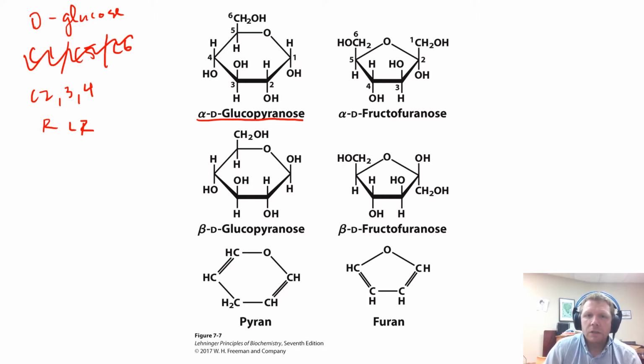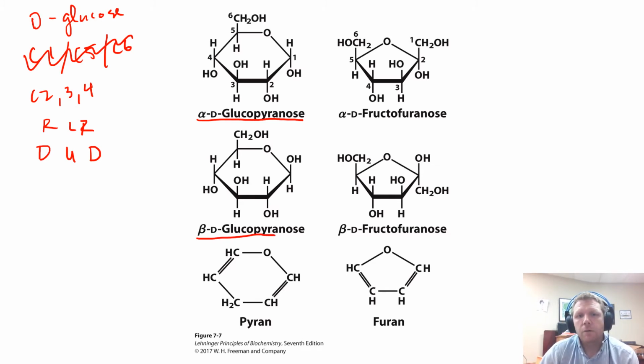The only difference is, the way that I always treat this is down, up, down. So carbon number 2, the hydroxide is down. Carbon number 3, the hydroxide is up. Carbon 4, the hydroxide is down. Okay, so there's our quick look at glucopyranose, specifically alpha D-glucopyranose.